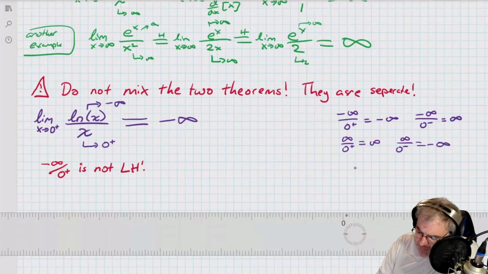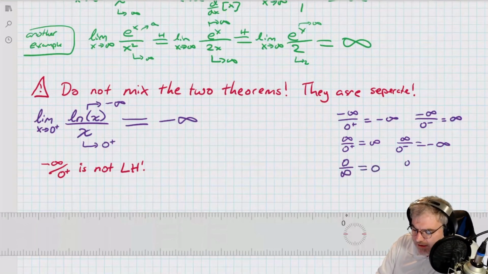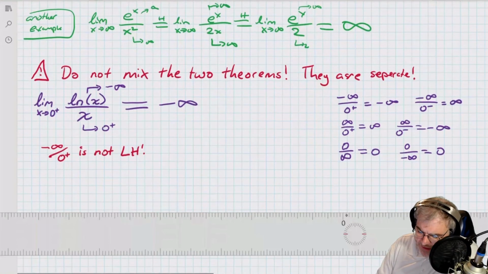Right, so just keep this in mind here, that if I get things that are really big on top of things that are really small, that's defined. Let's see, 0 over infinity, if the denominator is getting really big, 0. 0 over negative infinity, also 0. Okay? No L'Hopital rule here.